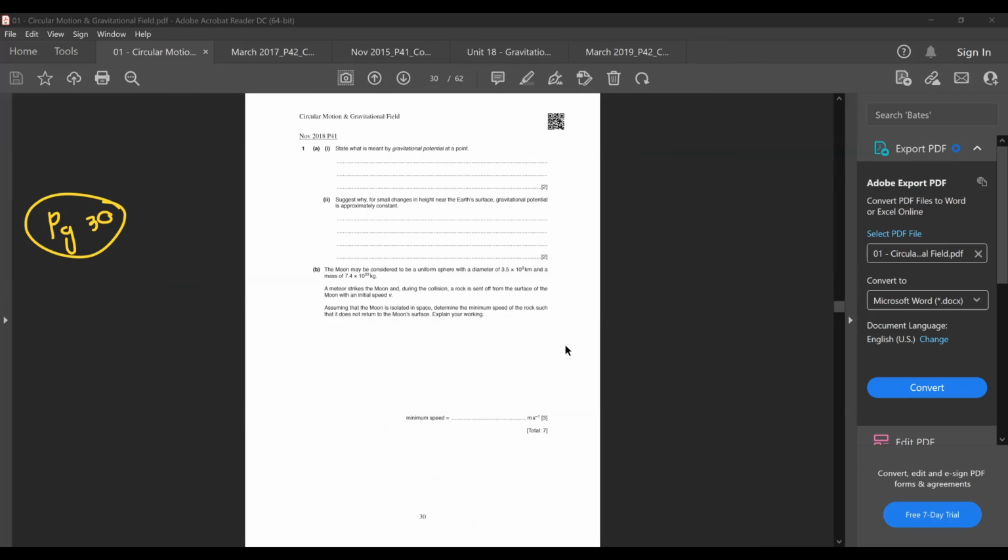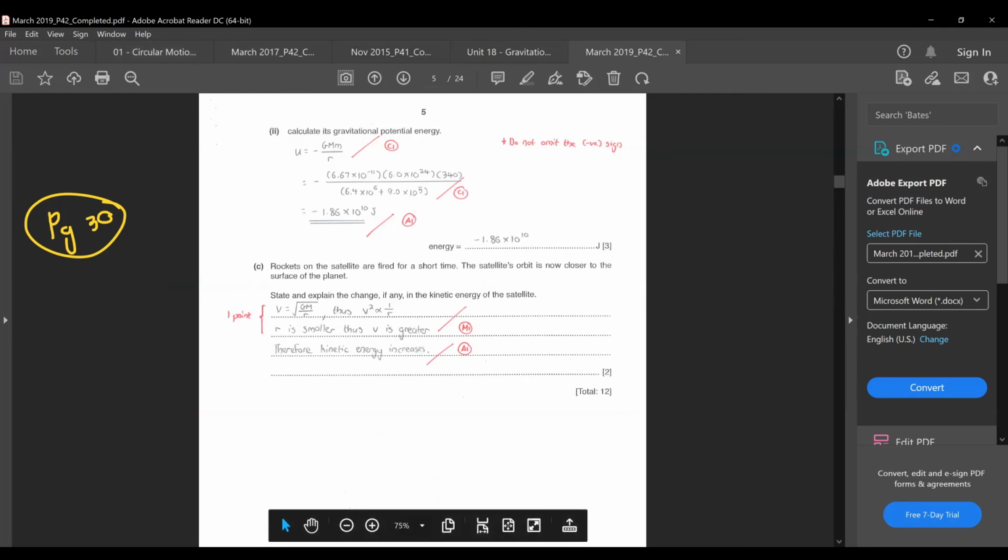If we look at page 30, it's still talking about potential again, but this time we are talking about something a bit different, explaining why potential is going to be constant. Sorry, not June 18. We want November 18 P41.